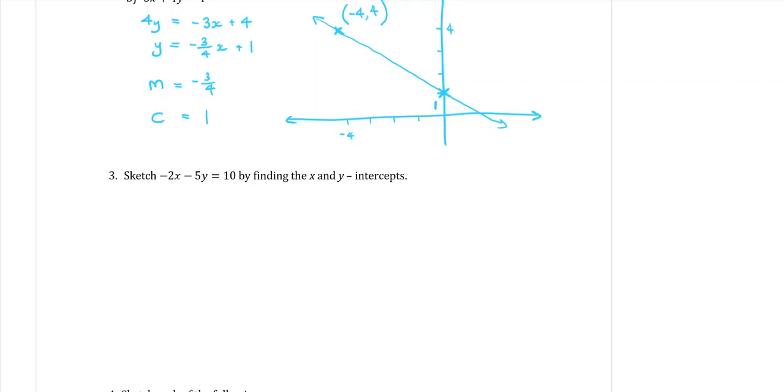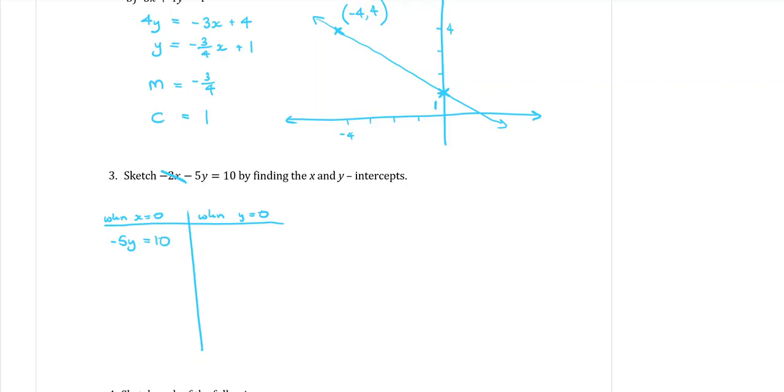Okay, so in this method, to find the intercepts, you want to start by subbing in when x equals 0, because that will find you the y-intercept, and then you also want to sub in when y equals 0, because that will find you the x-intercept. So if x is equal to 0, that would mean that -2 times 0 is just nothing, and we would have -5y equals 10.